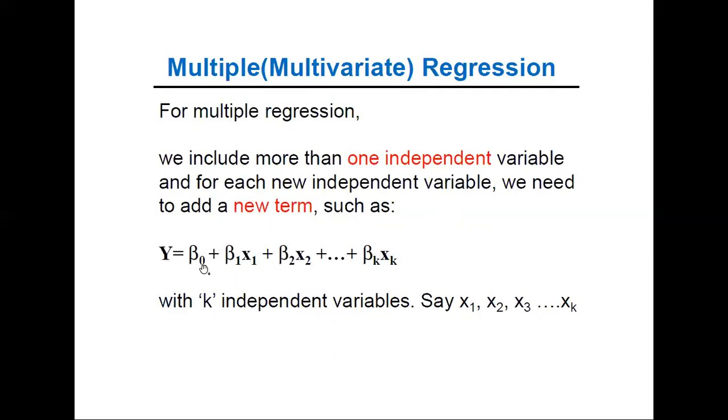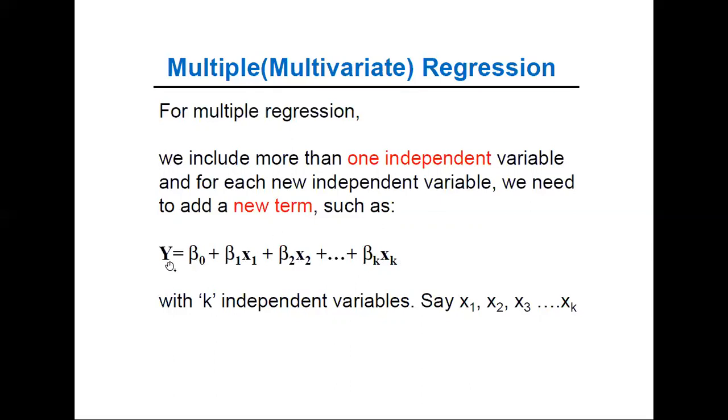Now y is equal to beta naught plus beta 1 x1 plus beta 2 x2 and so on plus beta k xk. How many independent variables can you have? K independent variables you can have. Please try to understand, I have extended my linear regression with a single independent variable to multiple independent variables. That's why we need to define a multivariate regression equation.